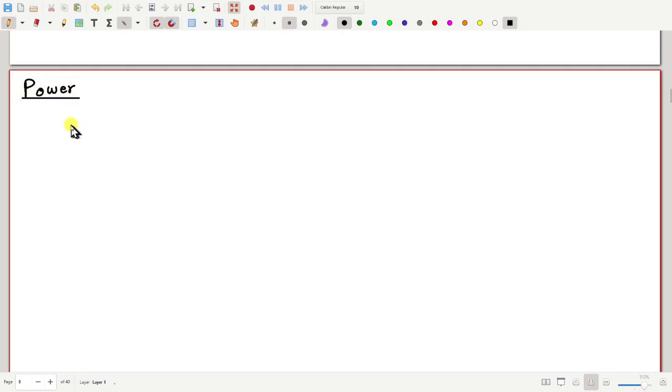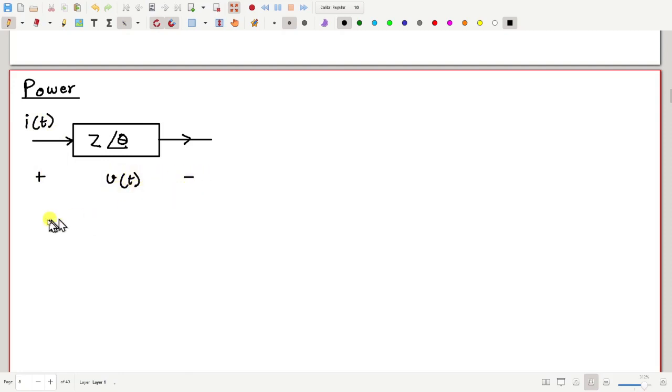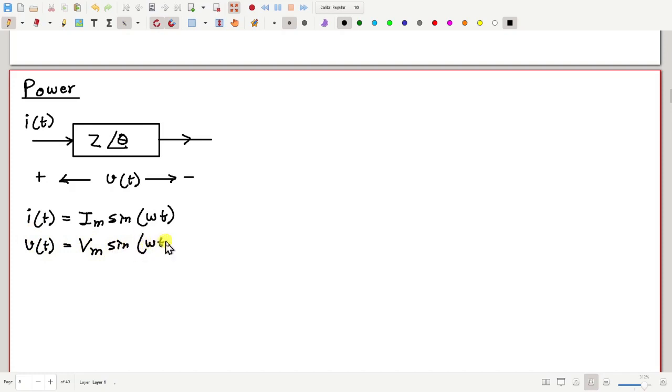Consider we have an impedance, suppose this is Z angle theta, some complex number, and let the current through it be I, and the voltage across it be V. Suppose i(t) is equal to Im sine omega t, and then v(t) will be some Vm sine(omega t plus theta).